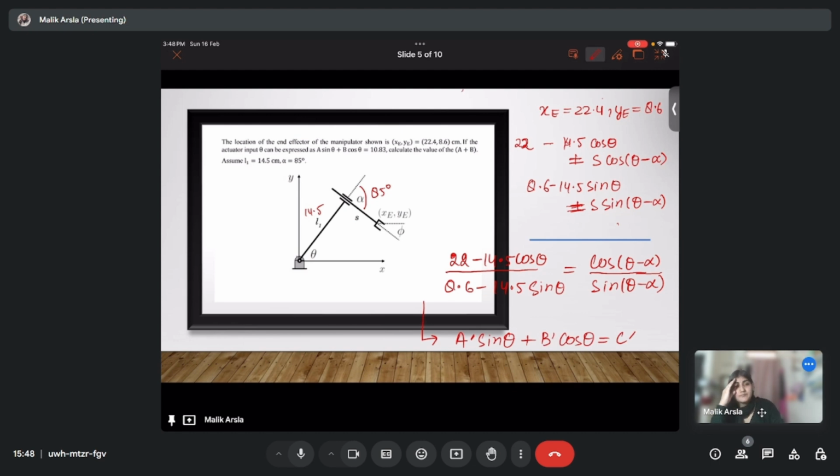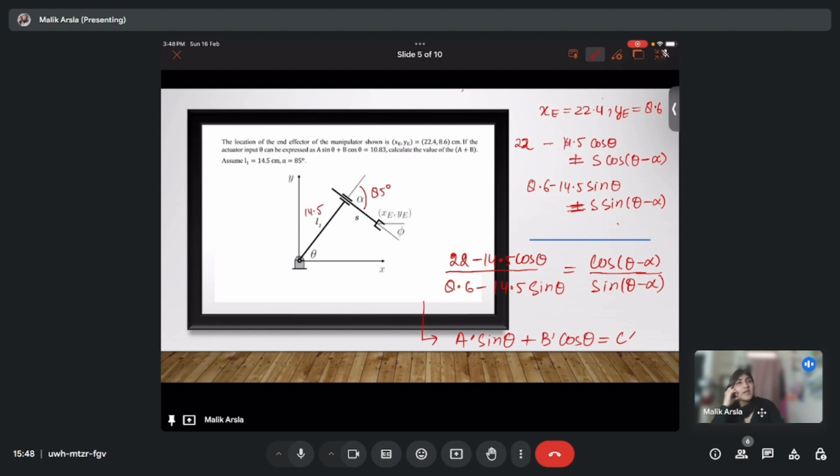Ma'am, like in lectures where I've told the expression for S, if we put the values of alpha and x, y in that expression, we get a relation between sine theta, cos theta, and S. And if in the question also we have been given a similar kind of relation, can we find the value of S from there?